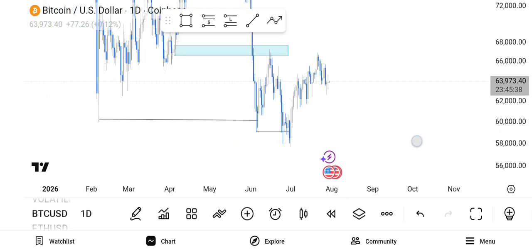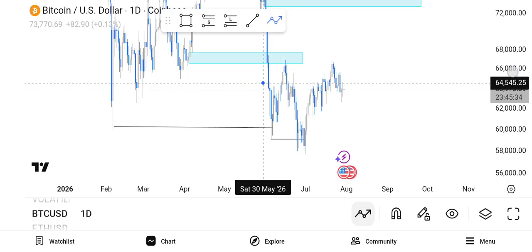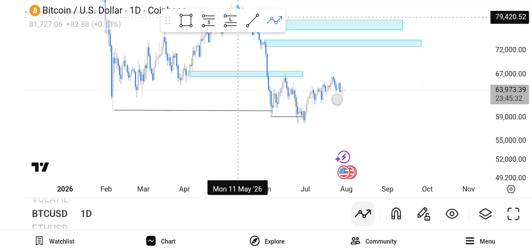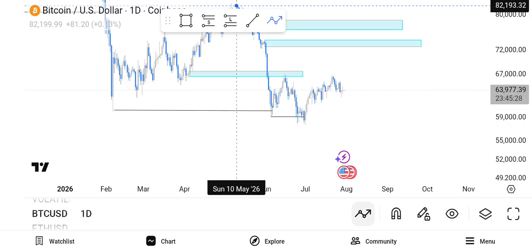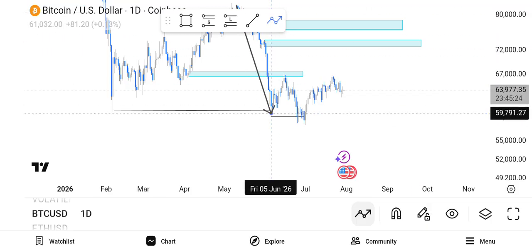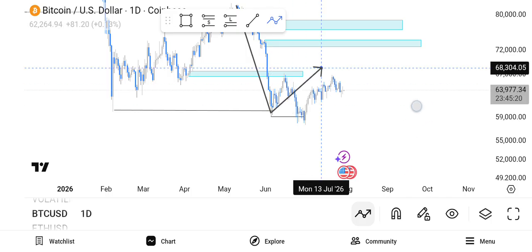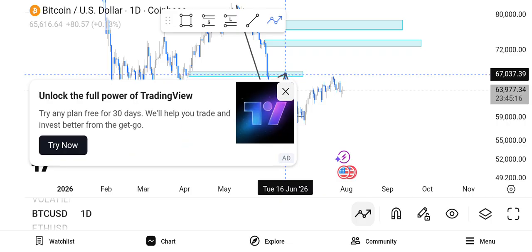So the directional bias for Bitcoin USD has been bearish since May 2026. See what I told you? Directional bias is over a long period of time. You can see since May 2026 till June, we had a buy continuation, a buy retracement around June.